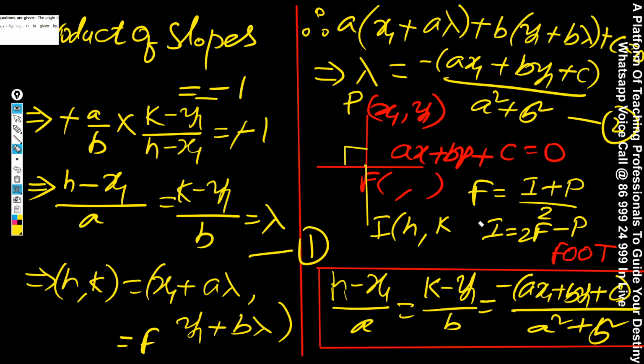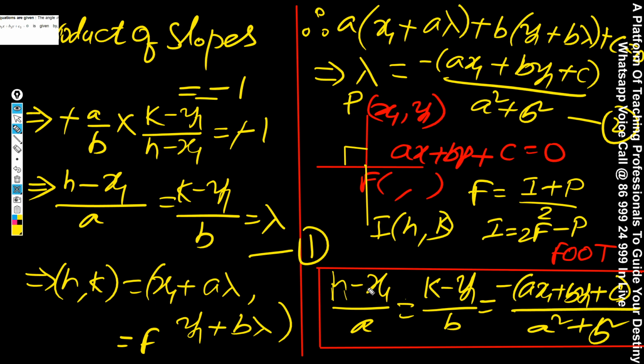The same method, but the only difference is that hk lies on the line for the foot, whereas for the image, the foot will be the midpoint of IP. So we follow the same method, finding the midpoint and substituting that F in the line equation, and here you will get 2 for the image.